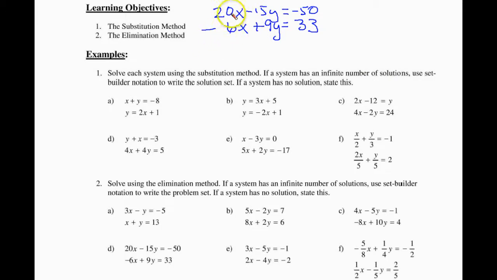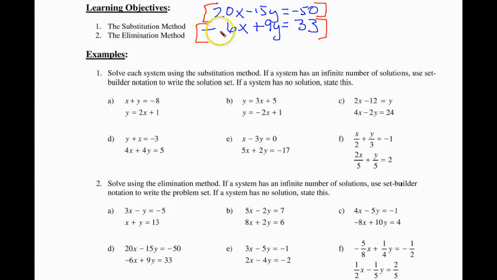I'm going to have to modify, and this is the creative part of this, I'm going to have to modify both of these so that one of these terms cancel out.